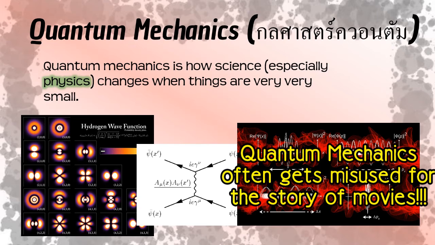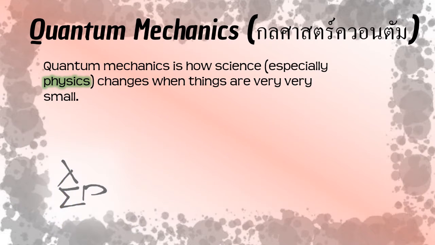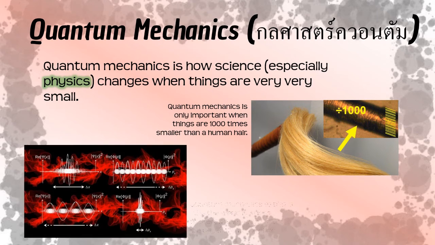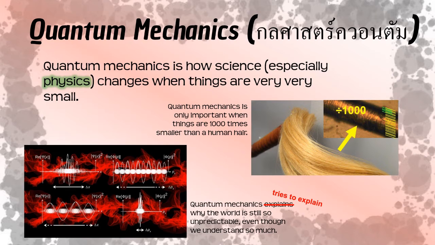Very, very simply, quantum mechanics is how science, especially physics, changes when things are very, very small, like 1,000 times smaller than a human hair. So, quantum mechanics is really weird and it's really, really hard as well. If you decide to look at quantum mechanics, I wish you very, very good luck indeed.